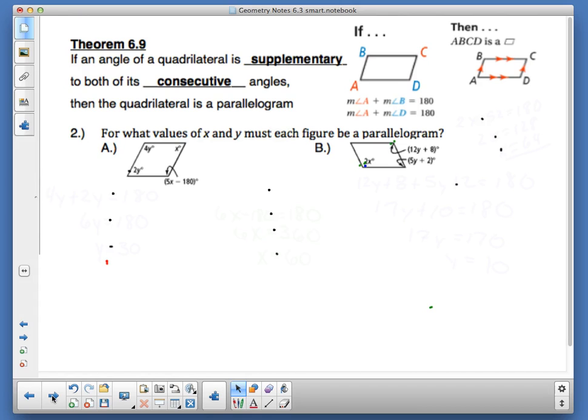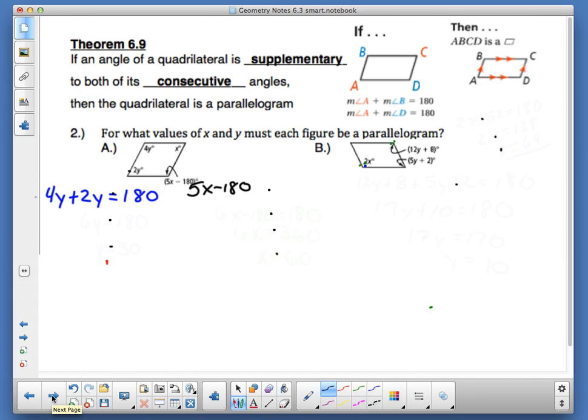Well, that means as I'm looking at this, I've got 4y plus 2y is equal to 180, and I've got 5x plus x, maybe, 5x minus 180 plus x is equal to 180. So that means I get to have 6x minus 180 as I go.